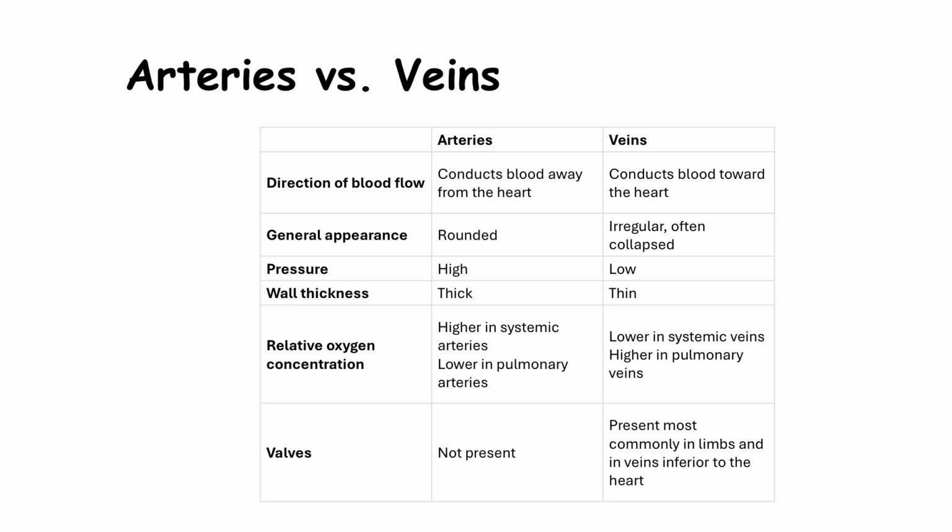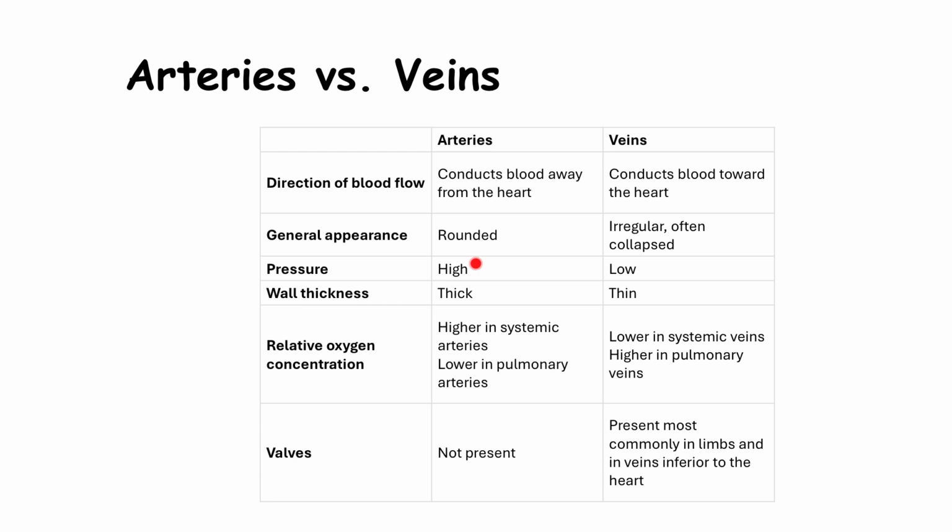And this in large part has to do with the wall thickness. Arteries have a thick wall, and veins have a thin wall. And the thicker wall of the arteries allows for it to have a better structure, where veins are more flimsy because they're thinner. And so that's going to give rise to their different appearances.